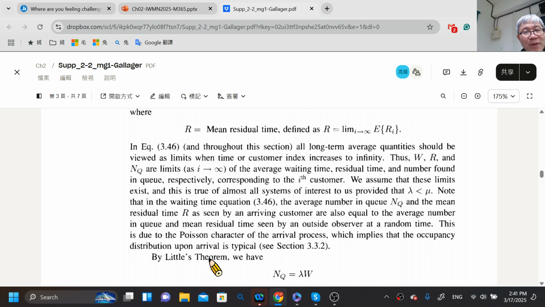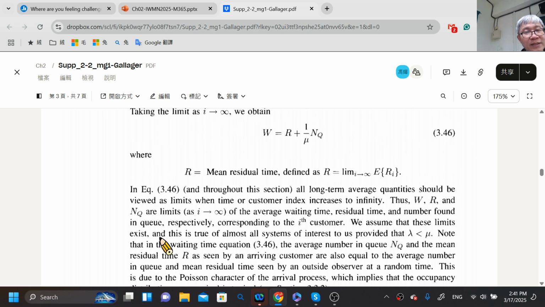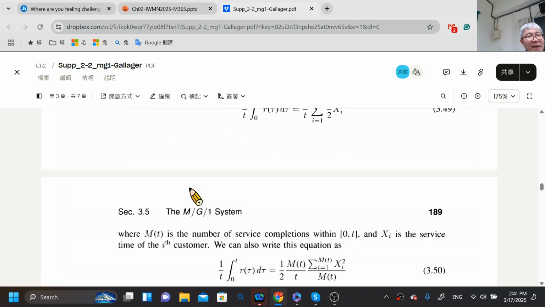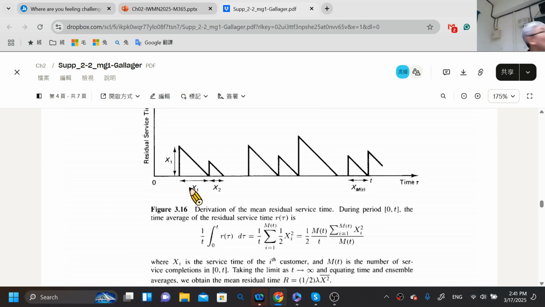So the current problem will be this one, residual time. So how to have the residual time? What does the figure show here? Residual means the remaining time for that customer to be served.